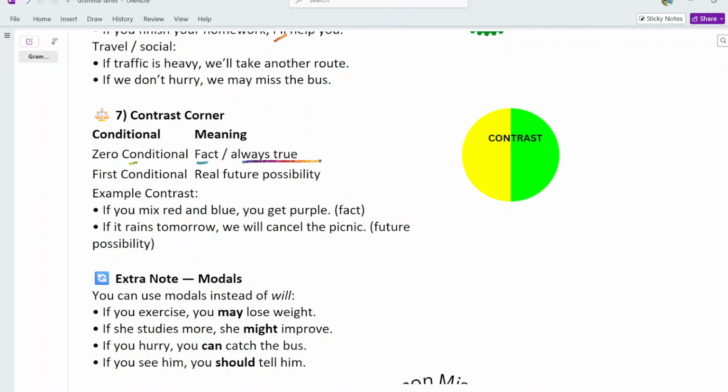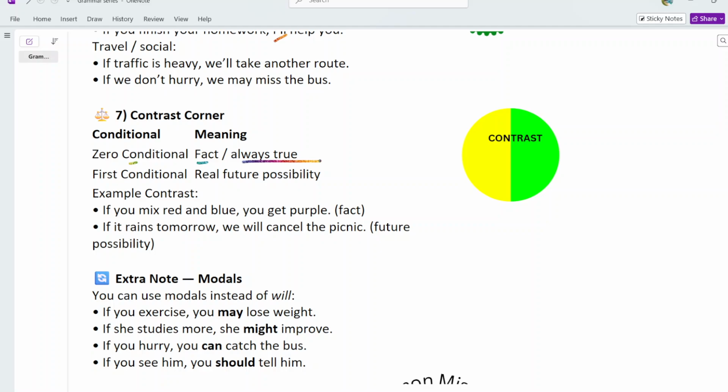Like when water is heated to 100 degrees Celsius, it boils. It does not freeze. So that's a universal fact, and no one can debate that point. So that is a zero conditional. And the sentence structure, I spoke about it in the previous lesson. You can go and catch that.